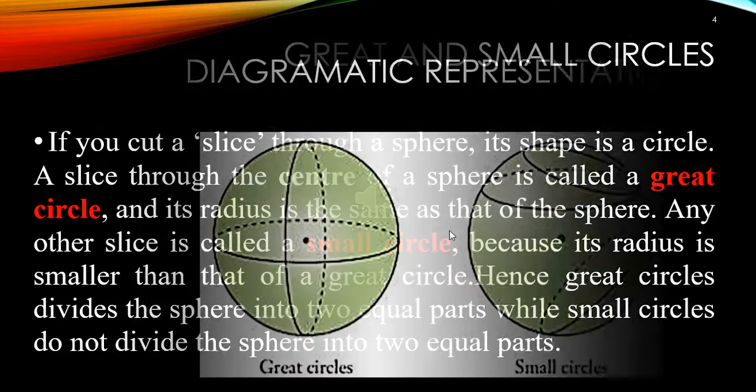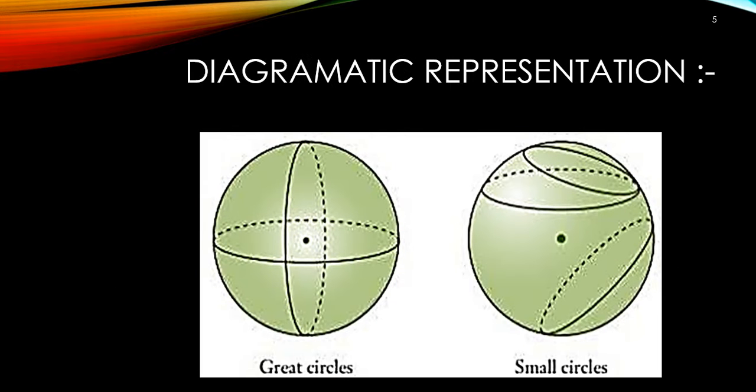And this is a very clear representation of what we are talking about: great circles and small circles. As you can see, there is this great circle that is cutting the sphere into two equal parts. There is also another circle that is cutting the sphere into two equal parts, and these two we give a name, which is great circles.